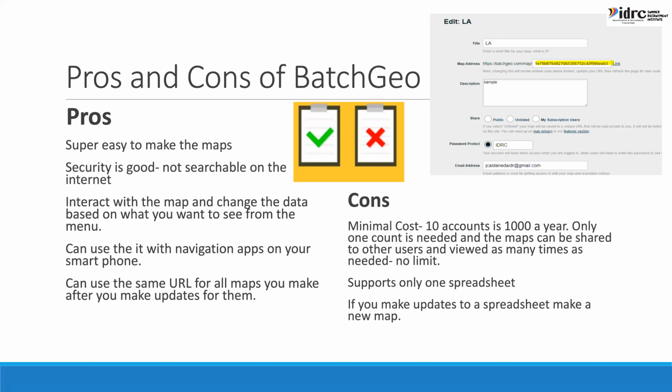There's no way that each month it renews, and it's virtually impossible to view it too much. It does support only one spreadsheet. And if you make updates to the spreadsheet, you need to make a new map. Questions? If anybody has any questions, please, again, feel free to ask those in the box.